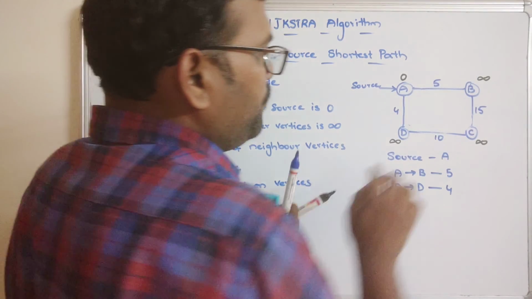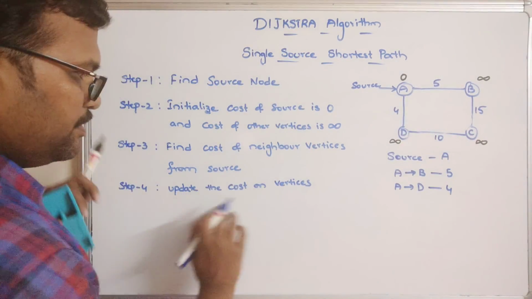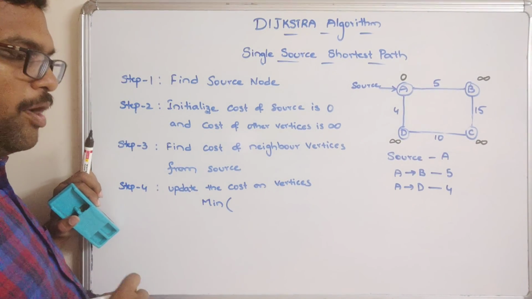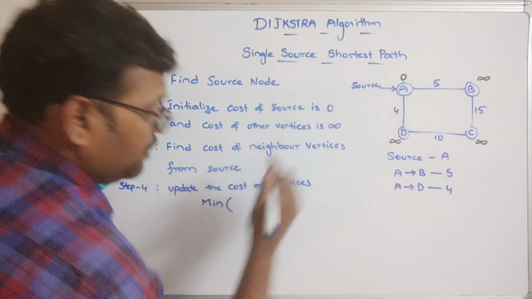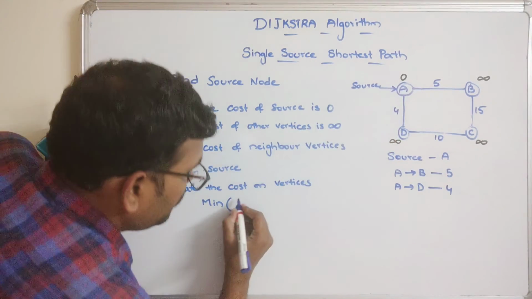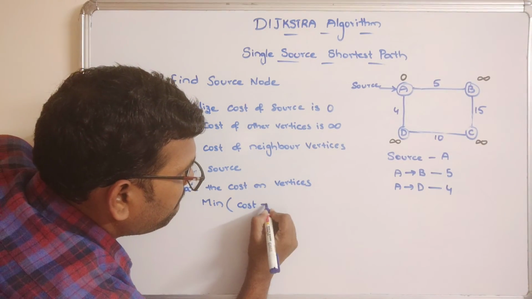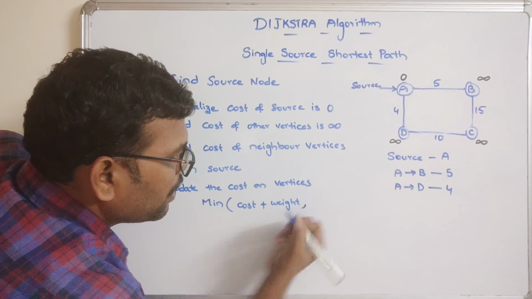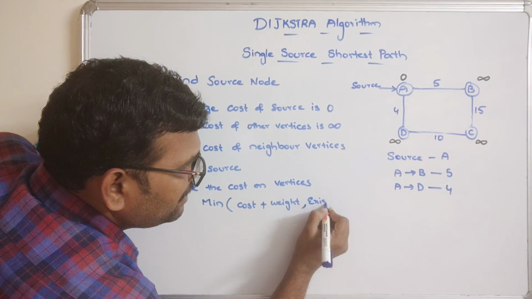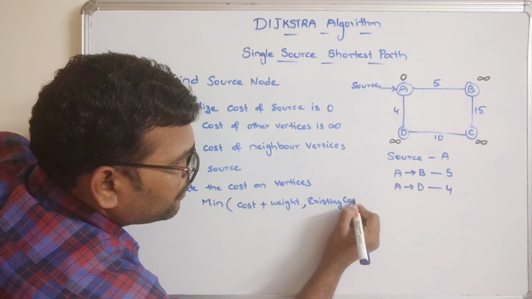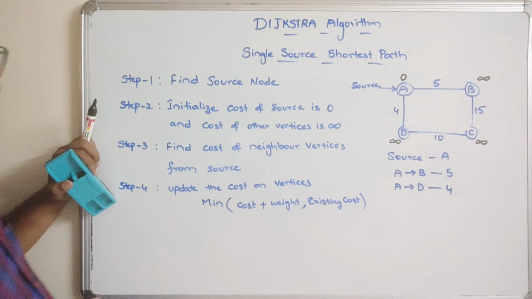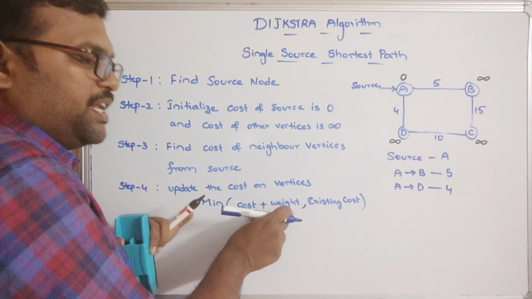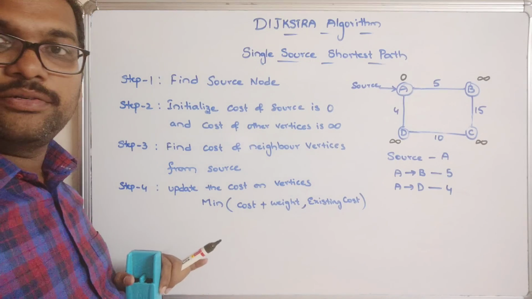Initially, how can we check? Take the minimum of the cost plus the weight of that particular edge, comma, the existing cost. So we need to consider the minimum of cost plus weight and existing cost.